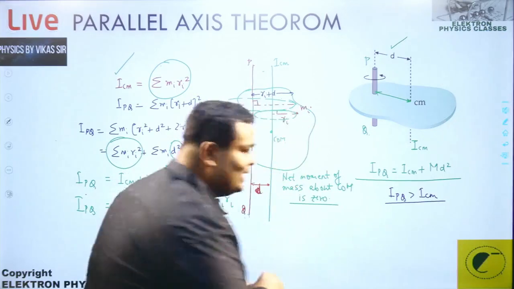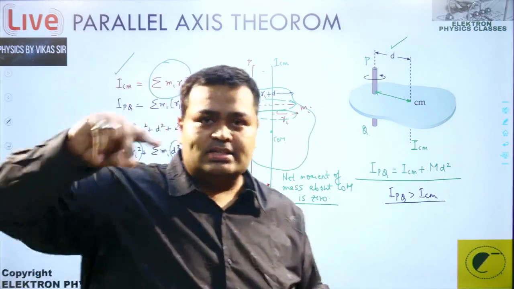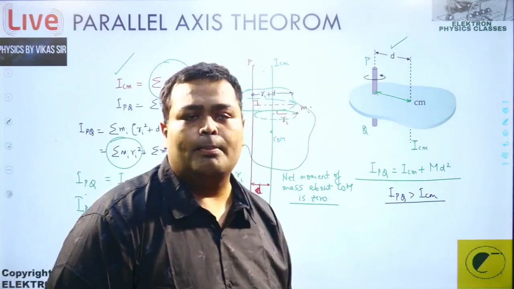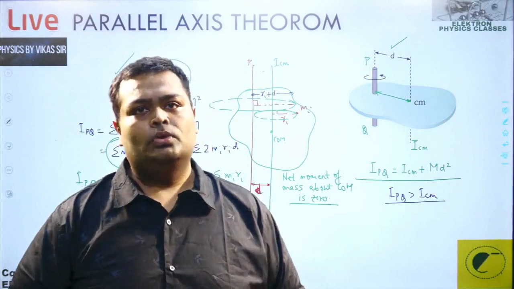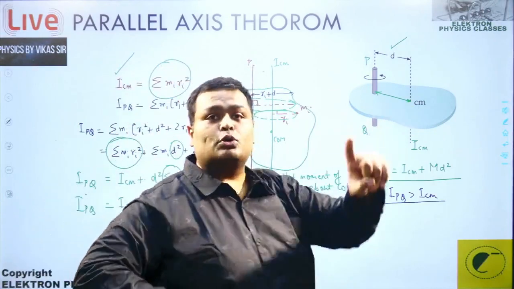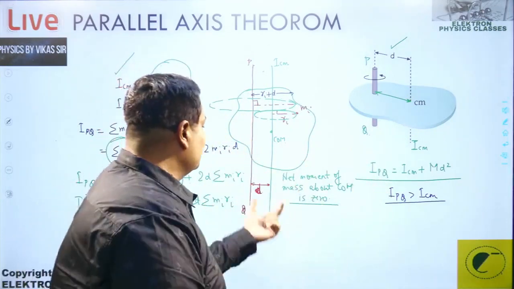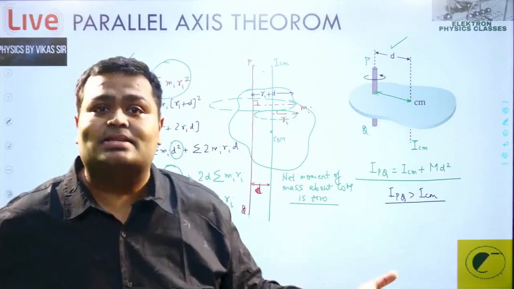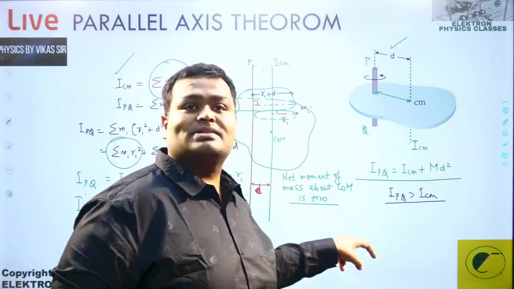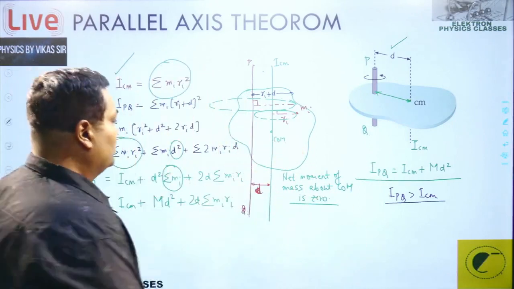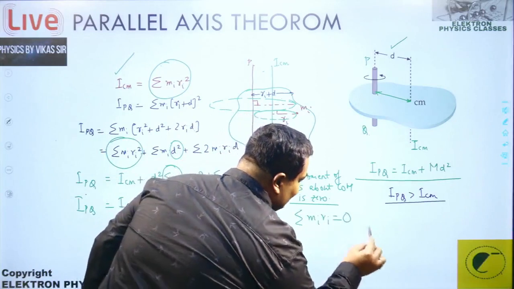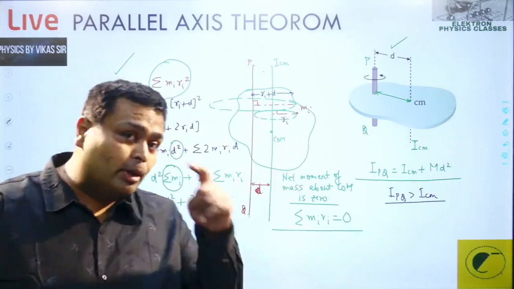And that's the reason that this theorem is necessary about COM. Because if this axis does not pass through COM, then this is not valid. It is not like that net moment is 0 about any axis. It is about the center of mass axis. And therefore, summation of Mi Ri will become 0, but only about the center of mass axis.